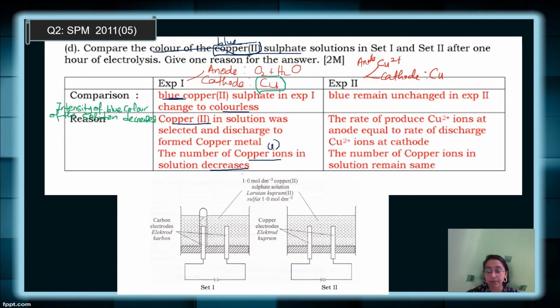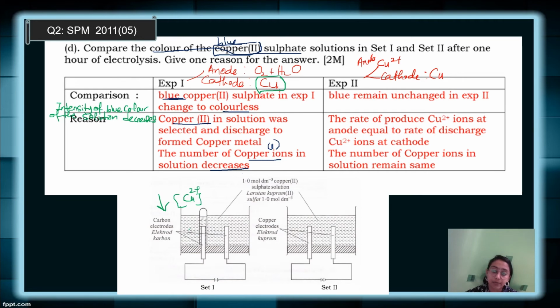How the copper can deposit here? Because all the copper 2 ions are coming out and depositing. So that will cause the copper 2 ions concentration to decrease. When the copper 2 ion concentration decreases, so it will get lighter. Okay, the blue color becomes lighter or paler, can. But make sure you mention the initial and after color changes.